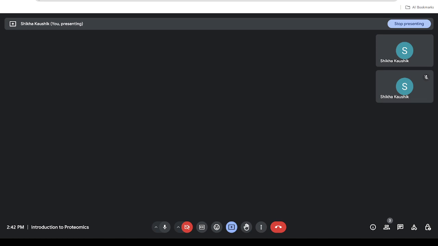Depending upon the time these ions take, you can easily tell that this particular ion is smaller or bigger in size, because the time they take will be different.